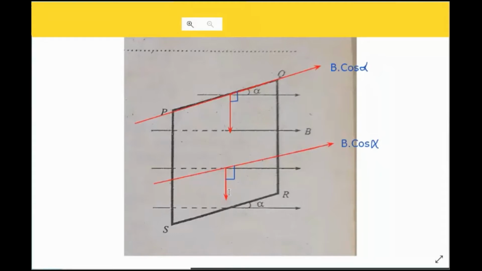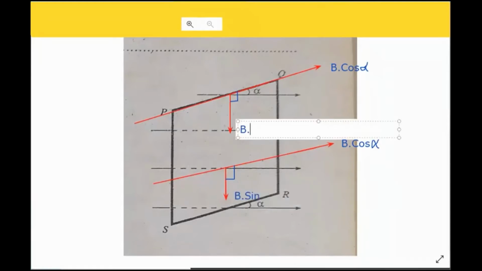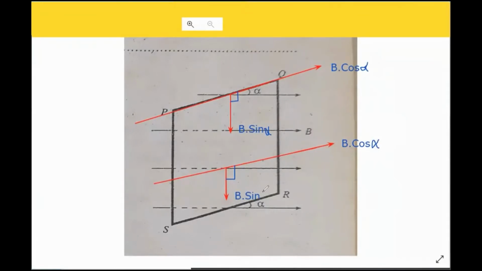Right, this is B sin alpha. Here, this is B sin alpha. Sin alpha parallel to the sides, cos alpha perpendicular to the sides.